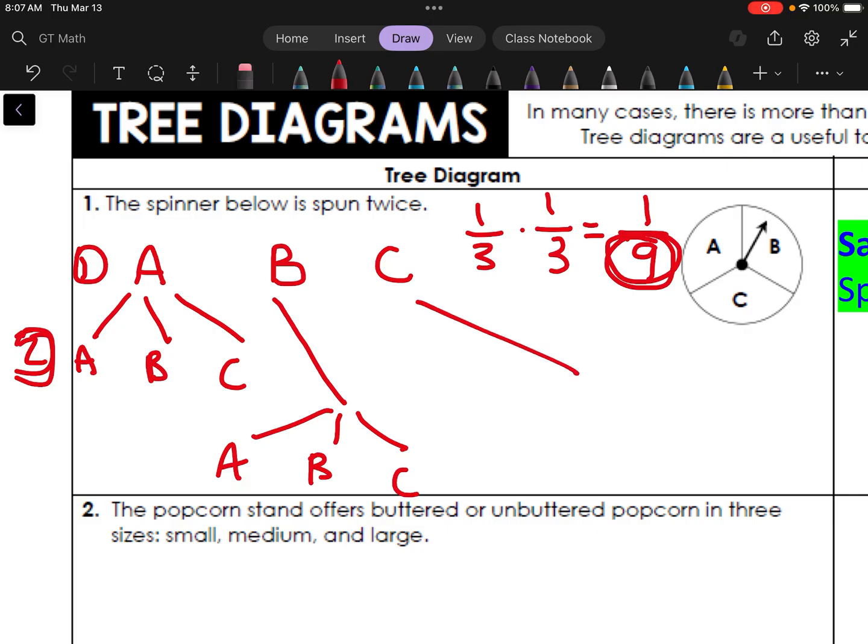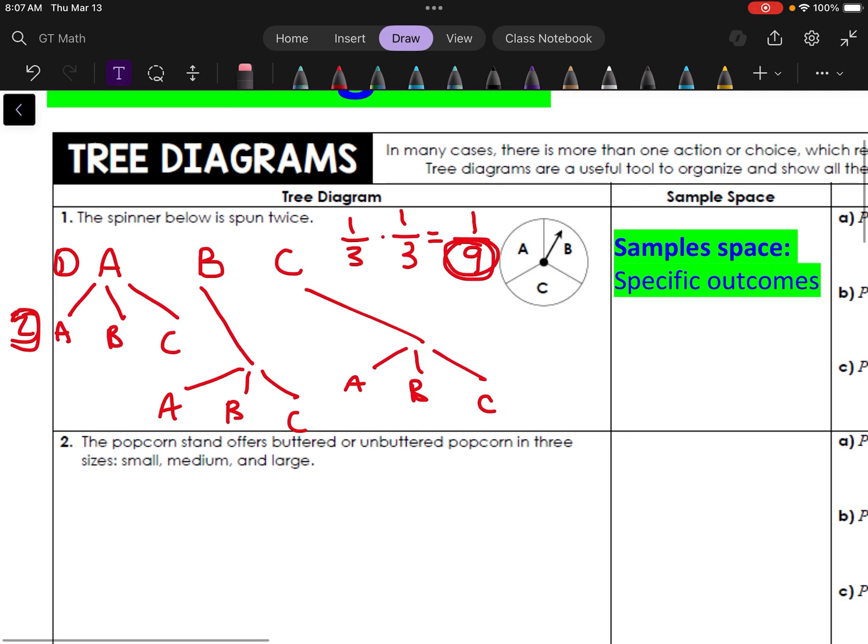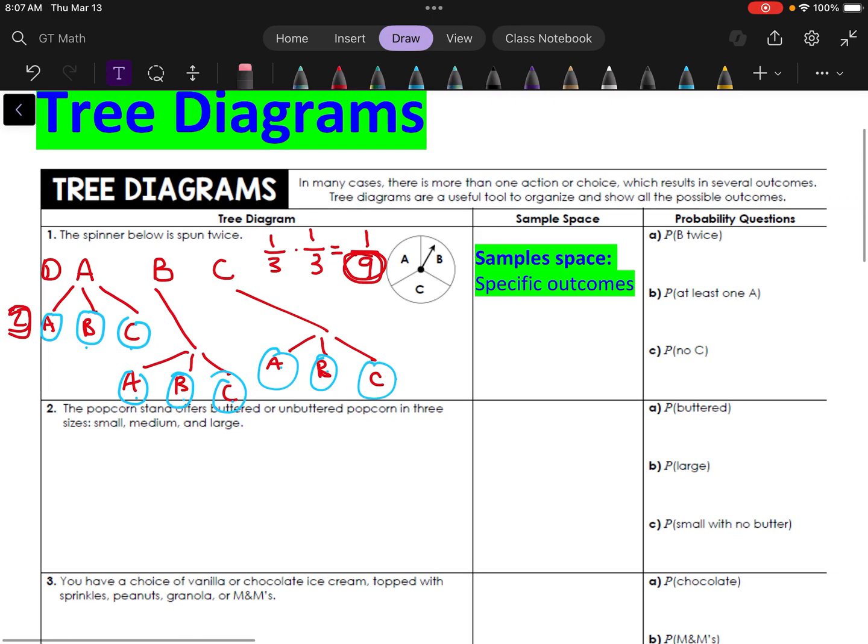And if you got C, you still have a chance of A, B, or C again, okay? So that's your tree diagram. You can look at it and see your choices: AA, AB, AC, BA, BB, BC, CA, CB, CC. So there are your 1, 2, 3, 4, 5, 6, 7, 8, 9 total outcomes, okay?